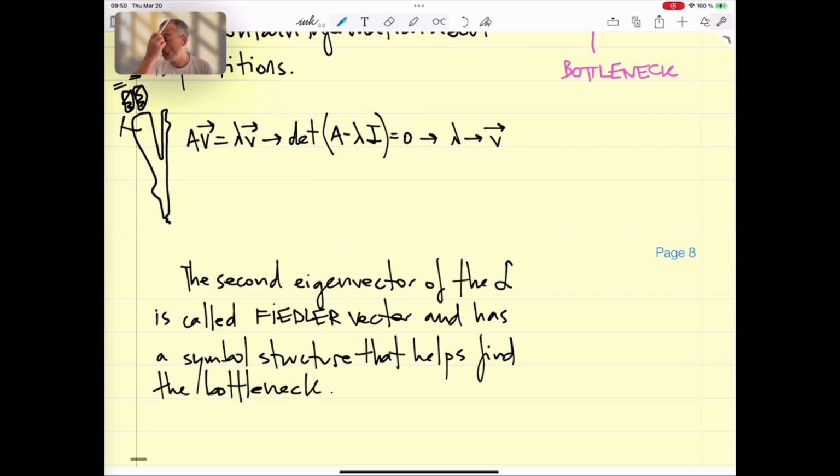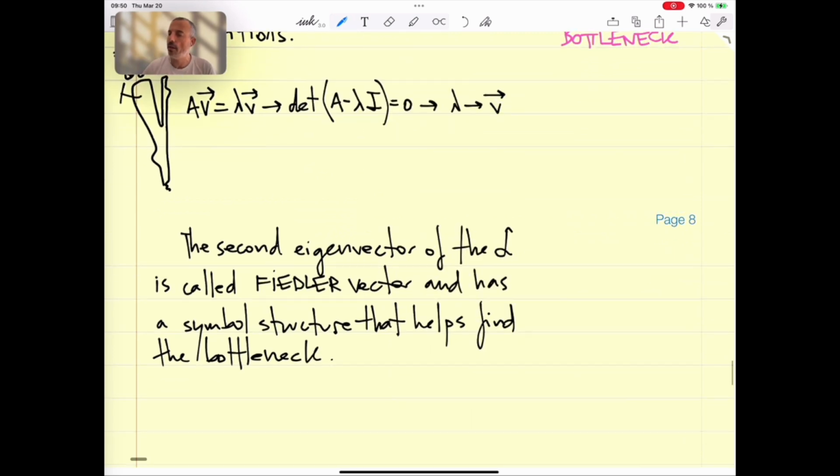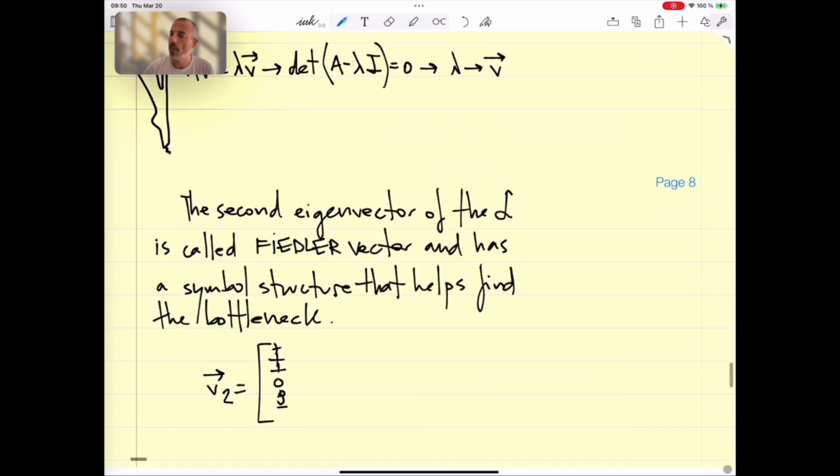Okay, so the second eigenvector, the Fiedler vector, has a structure like this, always. First has pluses, then zeros, then minus, okay? So these are the nodes. So positive numbers, almost 0 numbers, and then negative numbers. So where you have the first node where the zeros start, then there is the bottleneck. That's the node bottleneck.